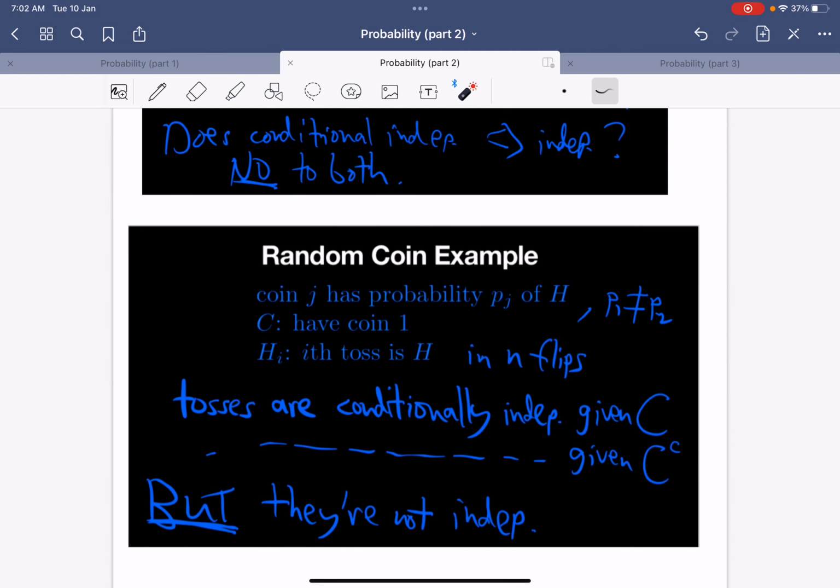So we can take a look at this random coin example where the probability of coin j having heads is p_j, so they are not equal now.